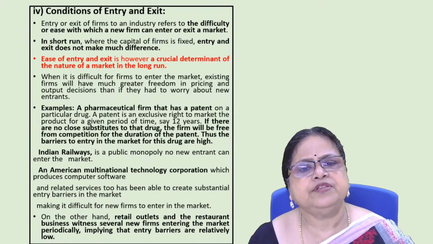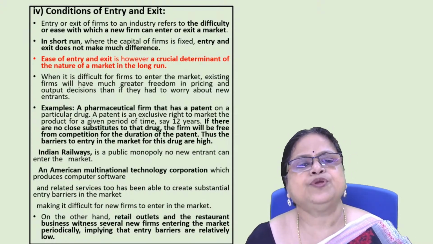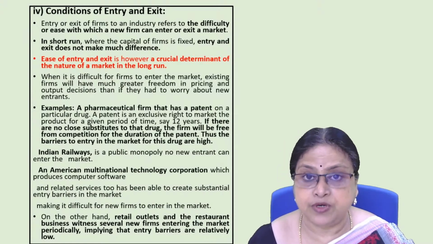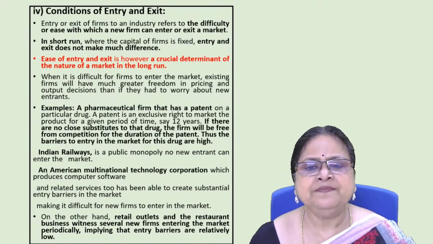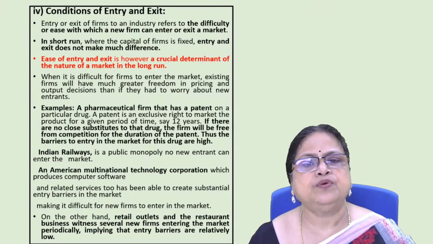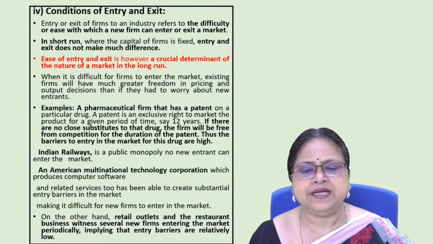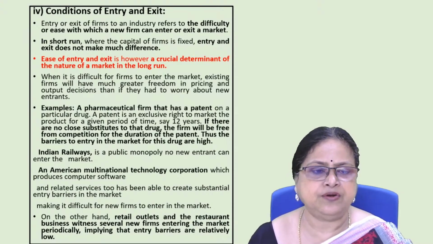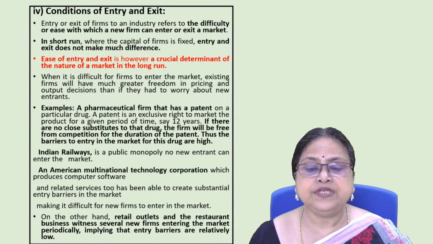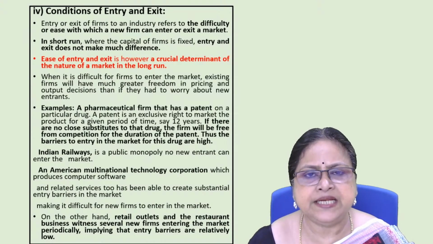When it is difficult for firms to enter the market in the long run, the existing firms will have much greater freedom or power in pricing and output decisions than if they had to worry about new entrants. Example, a pharmaceutical firm that has a patent on a particular drug. A patent is an exclusive right to market the product for a given period of time, say 10 or 12 years.